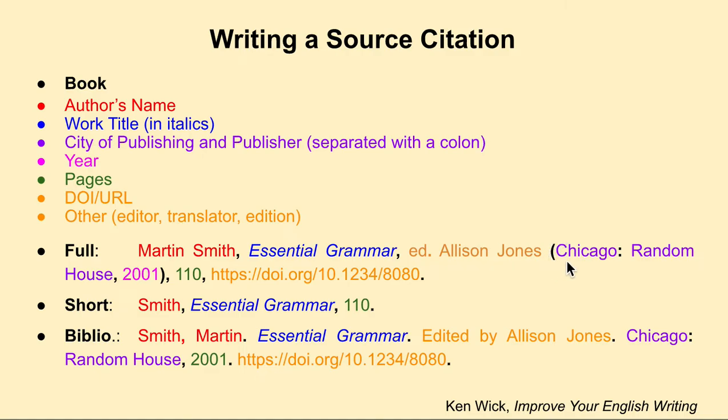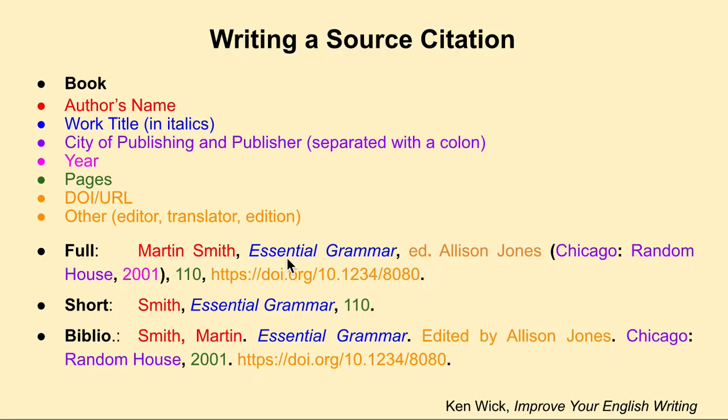So parentheses, Chicago, so it's published in Chicago. And remember, you separate the city of publication and the publisher with a colon. So it's the city of publication, colon, Random House, and then comma. Then you put the year of publication. Then you end it with parentheses, comma, the page number, comma, and then you put the DOI or URL. And here, this is the DOI. So this is the source citation for a book.